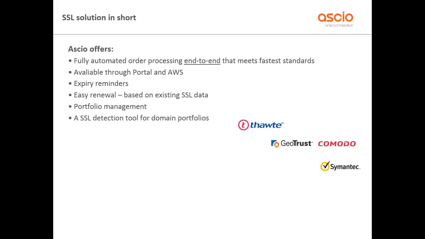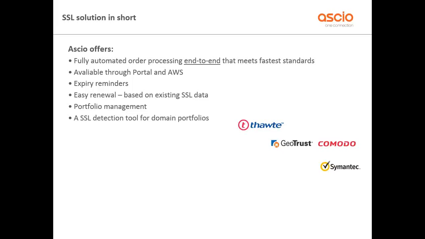We will also give you a tool where you can see which certificates are about to expire, and hopefully an easy way of renewing SSL certificates, where you can submit a renewal order based on the existing SSL certificate that is about to expire.